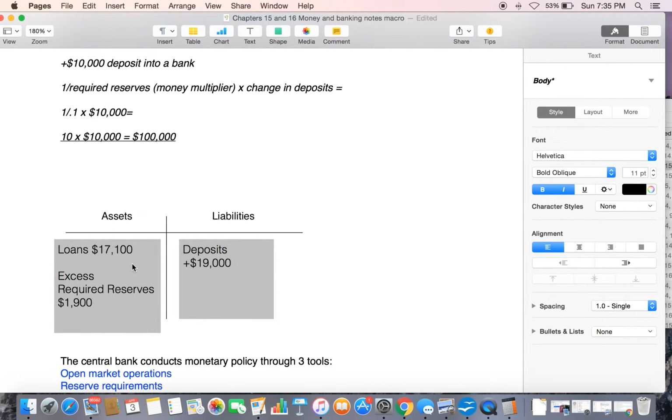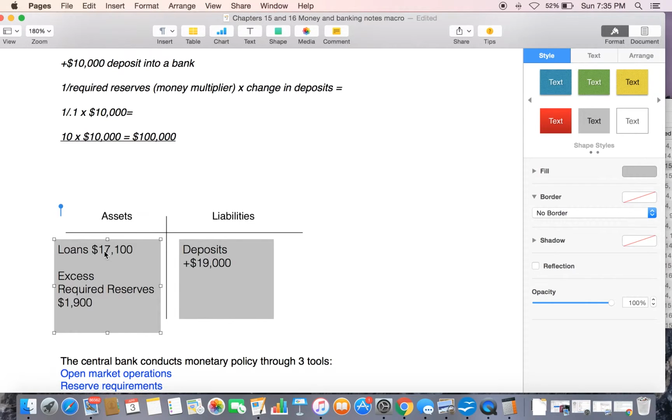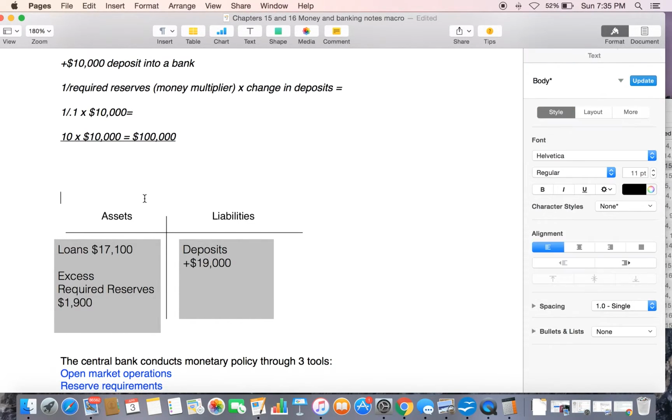I suggest you do so. Think about the fact that now we have an additional $8,100 being deposited, because it's going to be an additional loan made out, and when someone pays for whatever they're using the loan for, so they're paying for the home that they are purchasing with the loan, then that becomes a deposit on the liability side of another bank, or it could be this bank, for example.